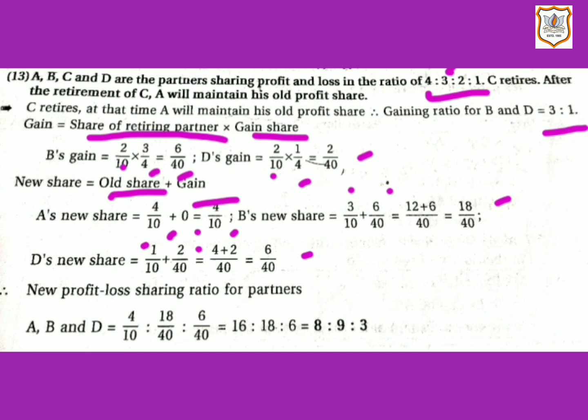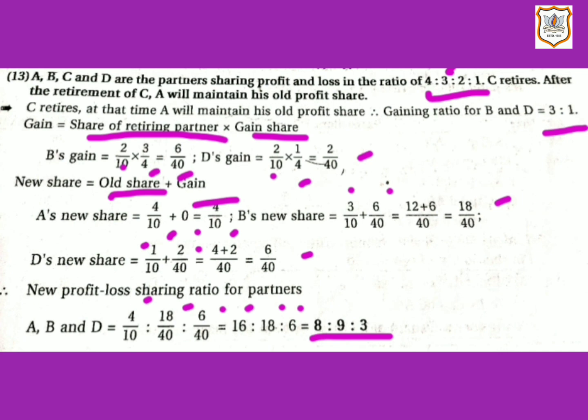Now, the new profit and loss sharing ratio for partners A, B and D is equal to 4/10 is to 18/40 is to 6/40. Now, by making the denominators equal, we will get 16:18:6. And if we cancel it out with the common factor 2, we will get 8:9:3.